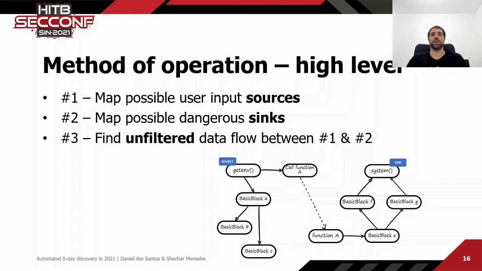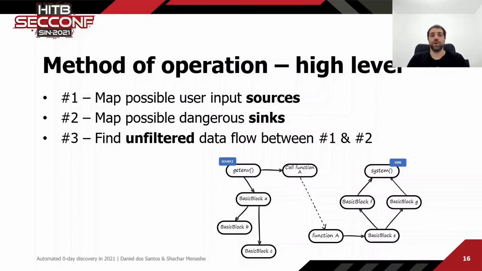That's what we call the leaf or the end of the flow, a sink function. This will be a dangerous function or method that, when it gets user input, an exploit is going to happen. For example, for command injection, it's going to be system or popen. For buffer overflow type vulnerabilities, it's going to be strcpy or memcpy, things like that. These are the dangerous functions.